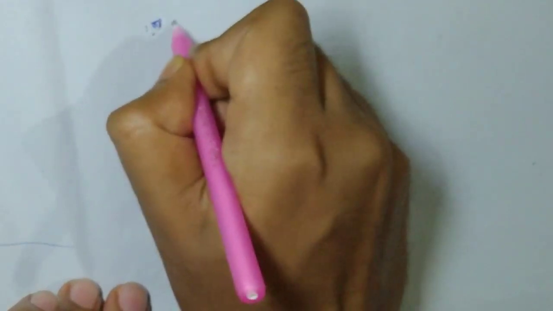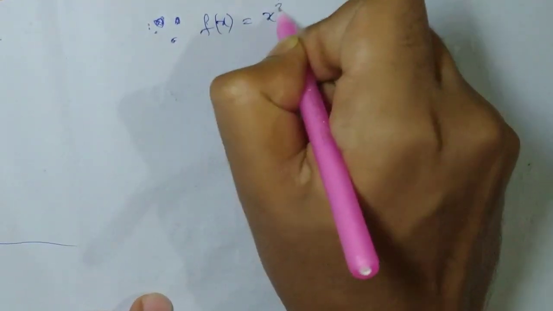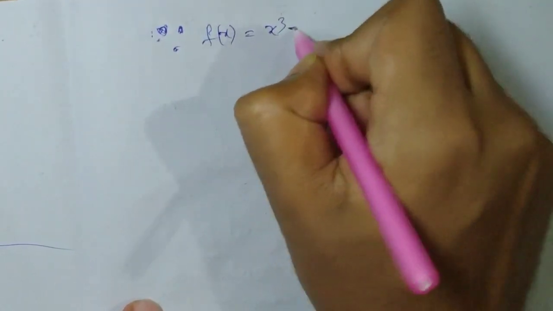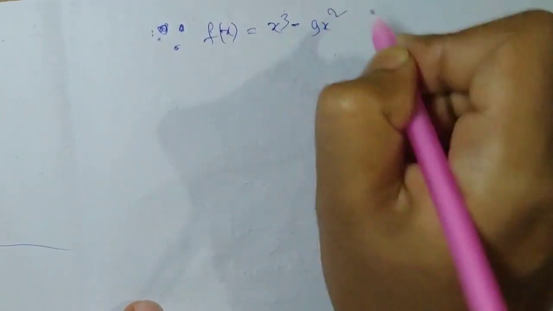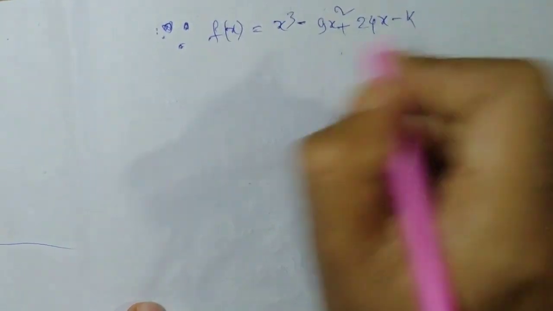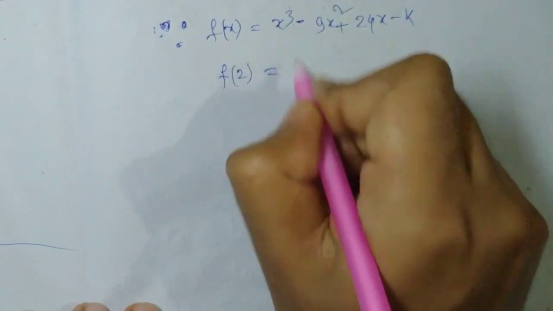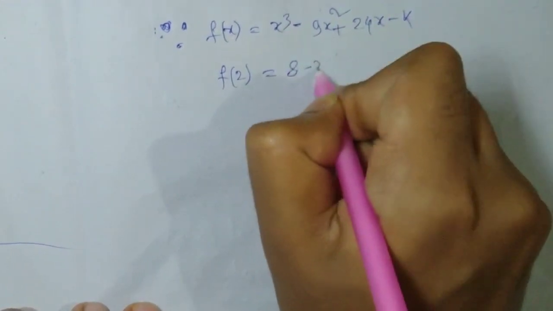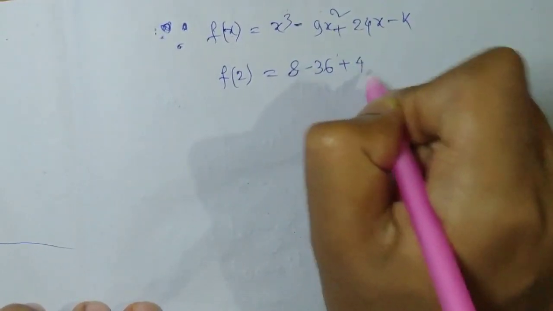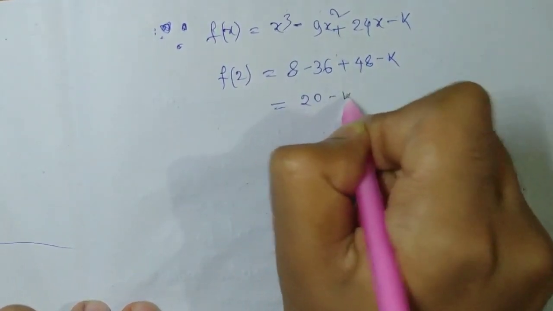Since f of x equal to x cube minus 9x square plus 24x minus k, therefore f of 2 equals 2 cube, that is 8, minus 36 plus 48 minus k. This will give 20 minus k.